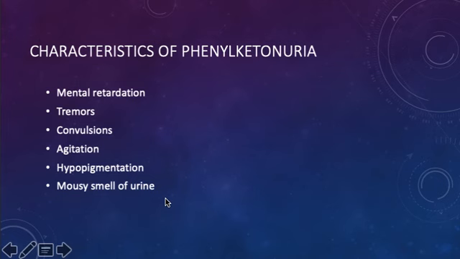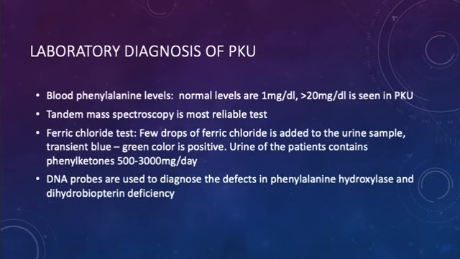Okay, now what is the laboratory diagnosis of phenylketonuria? There are elevated blood phenylalanine levels. The normal level is 1 milligram per deciliter. Anything more than 20 milligrams per deciliter is seen in PKU. And then you have the tandem mass spectroscopy, which is the most reliable test.